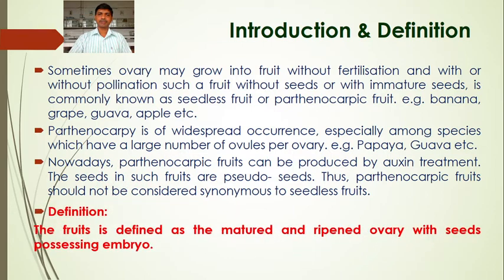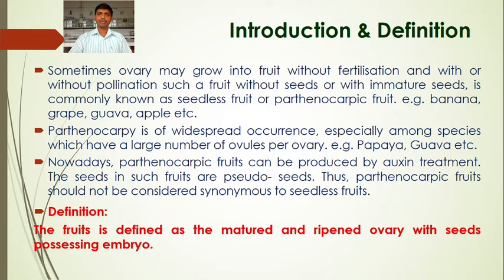Now the definition of the fruit. Fruit is defined as the mature and ripened ovary with seeds possessing embryo. So fruit is the seed bearing organ of the plant. The fruit develops after pollination and fertilization.